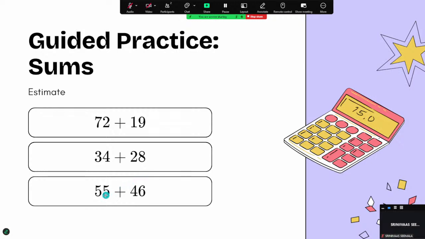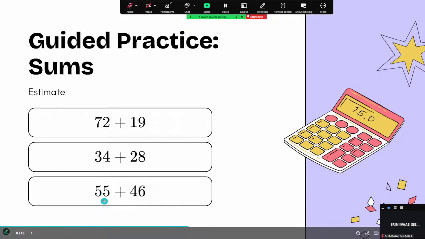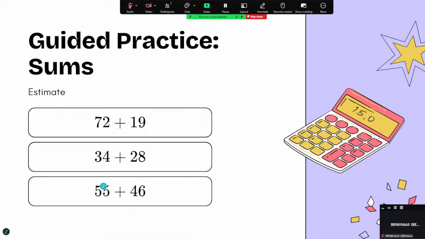So, last problem here, 55 plus 46. For 55, the ones place is 5 or more, so we round up. So 55 is rounded to 60. And then let's round 46. 6 is 5 or more, so we round up.